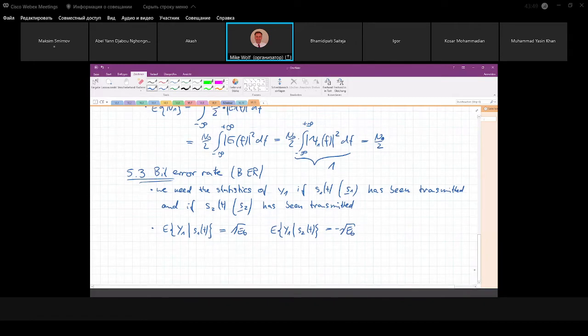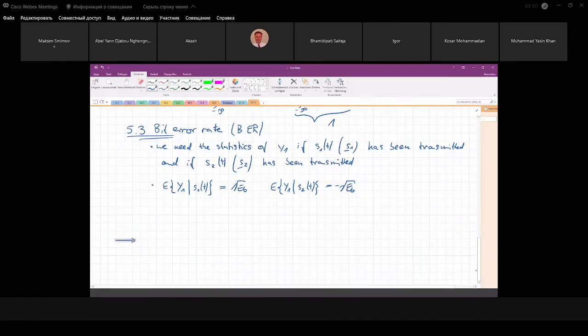You also know that everything is linear. The data is linear, the filter is linear. So the variance of this noise is N0 by 2 in our model again. Then we could ask, how does the probability density function look if S1 has been transmitted?